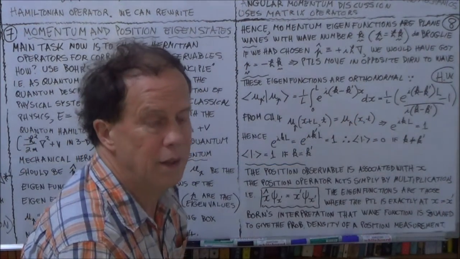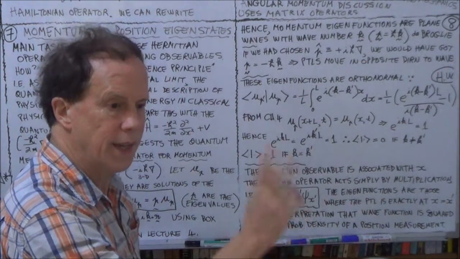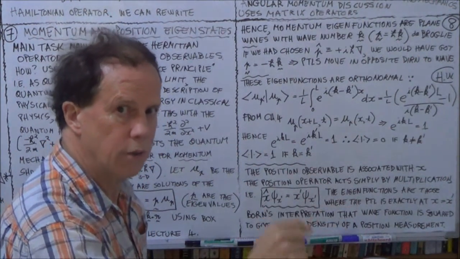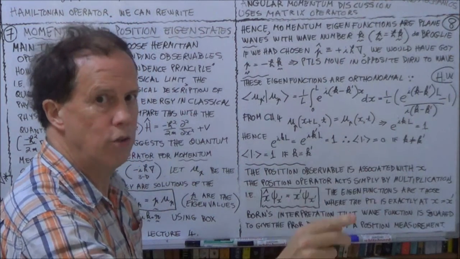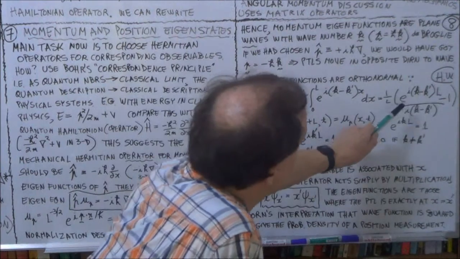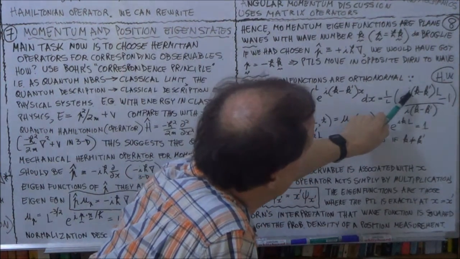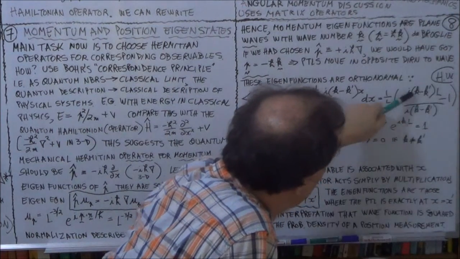Now expand out e to the s. e to the s is 1 plus s plus s squared over 2 plus s cubed over 3 factorial and so on. If you expand this out, you get this.